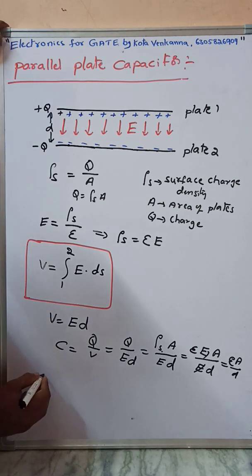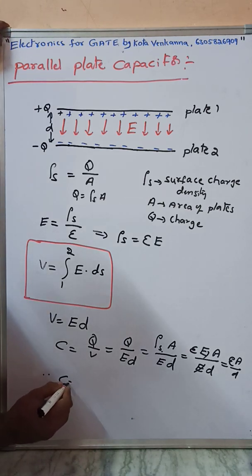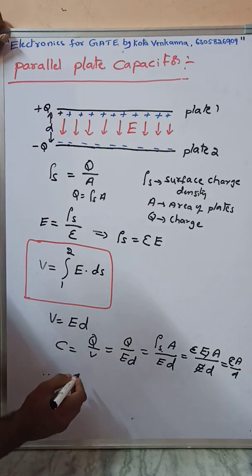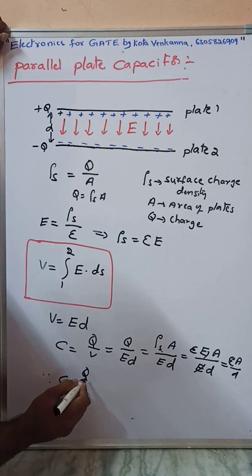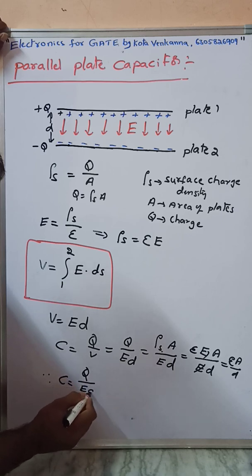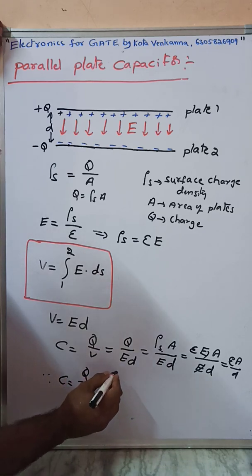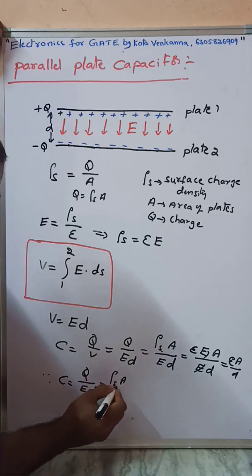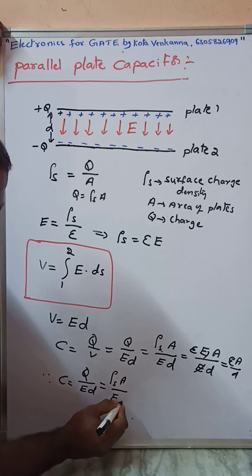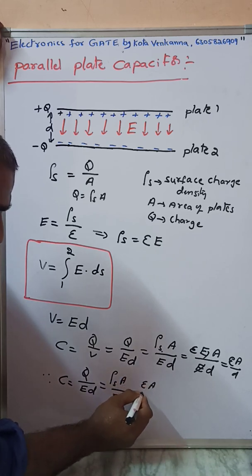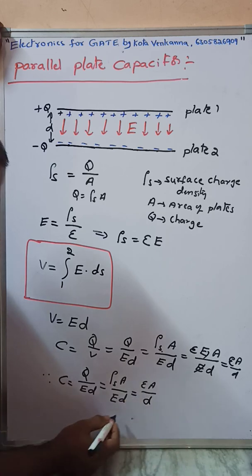Therefore the parallel plate capacitance C is equal to Q by E d, or rho s into A by E d, or epsilon into A by d.